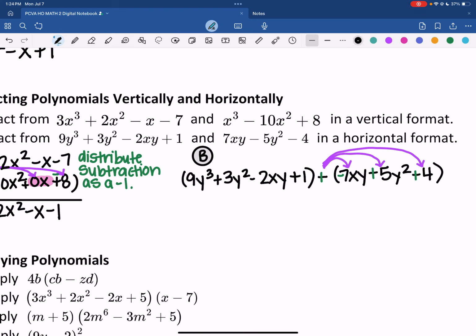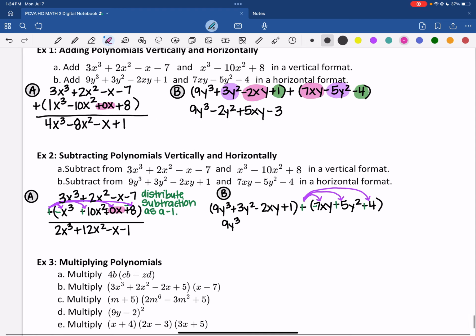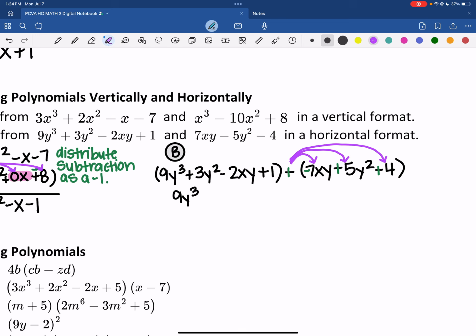And then I combine like terms. So my like terms here, we don't have another y cubed term, so the 9y cubed is going to stay the same. We do have like terms with the y squareds, positive 3y squared and positive 5y squared, so that's going to be 8y squared.